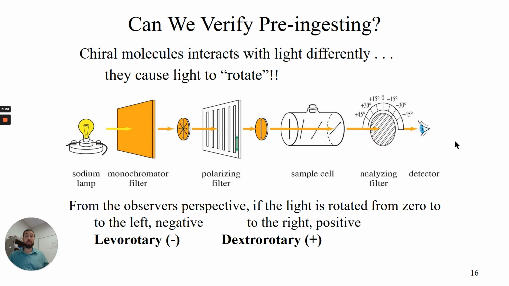Of course, we can't use the terms positive and negative because they're used for everything. So we invented a term: levorotatory for rotating light to the left, the negative direction, and dextrorotatory for rotating light to the right, the positive direction. That is then symbolized in our name as negative and positive.